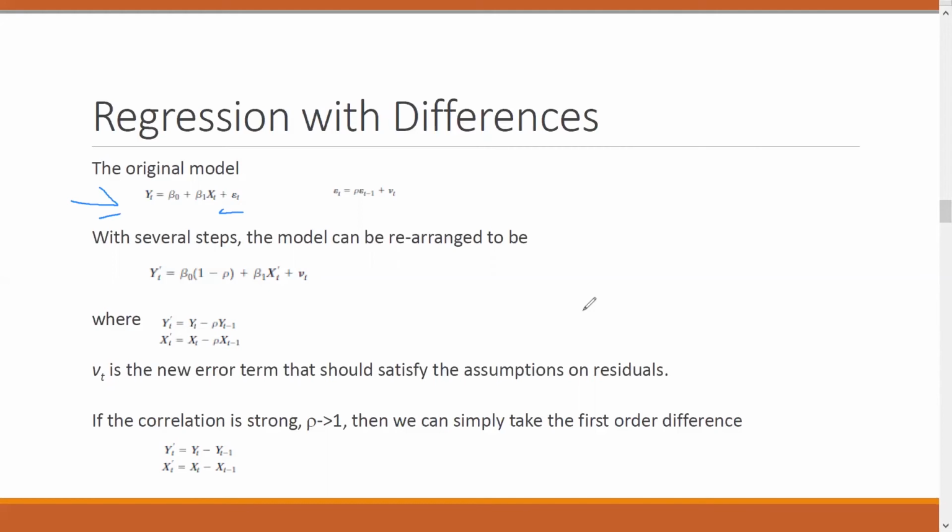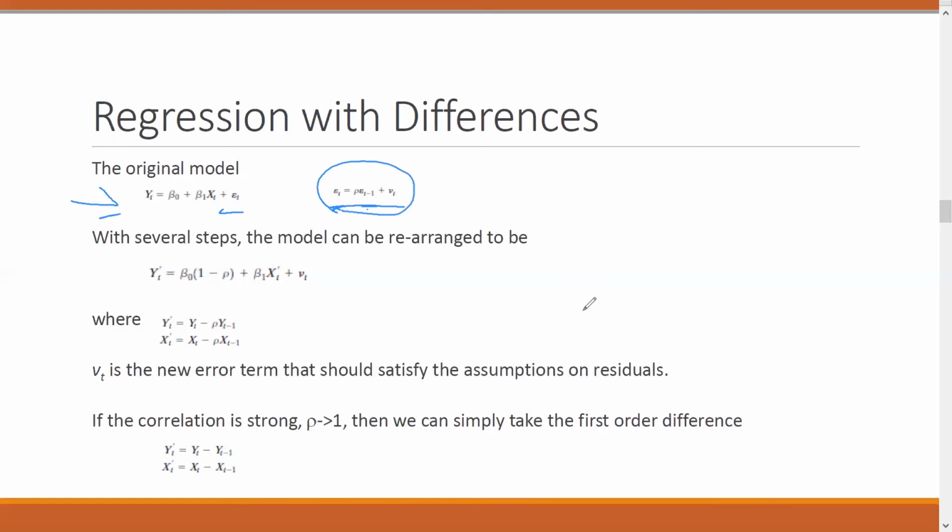That is, the current period error term is a function of the error term in the previous period. And we're going to assume that they follow another linear line, that is, the current period error term is equal to a slope times the past period error term. That is described in this equation up there.